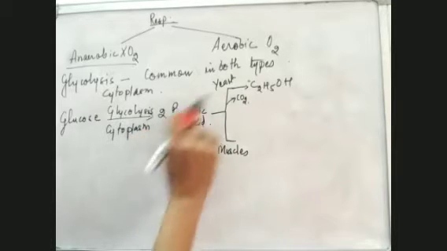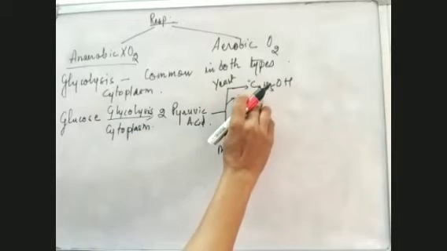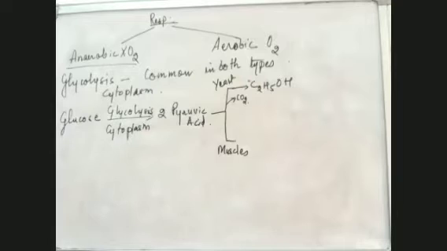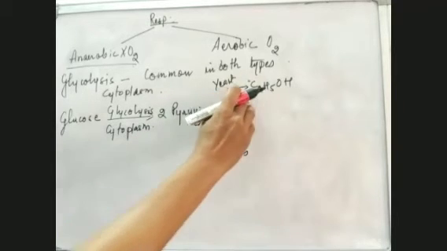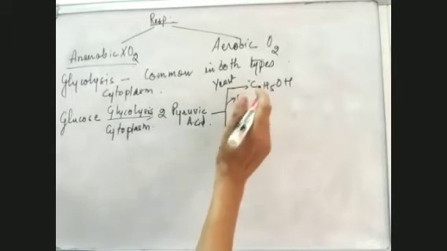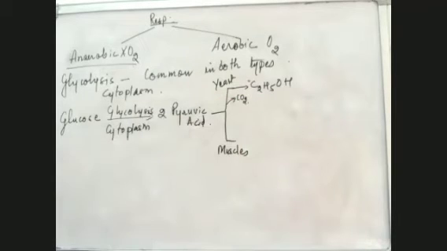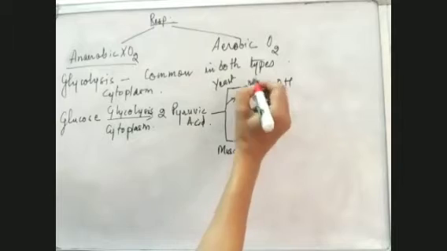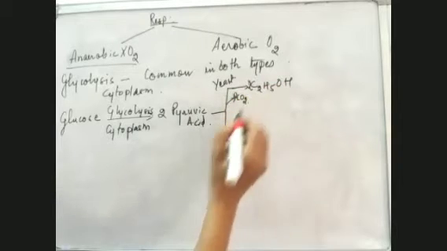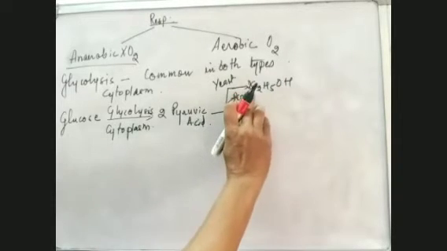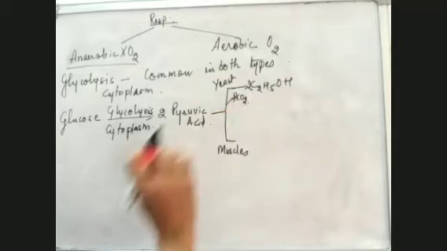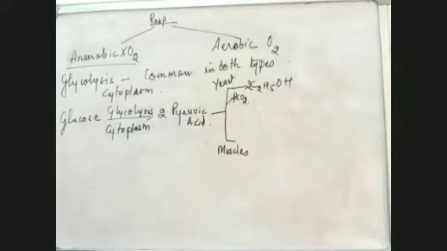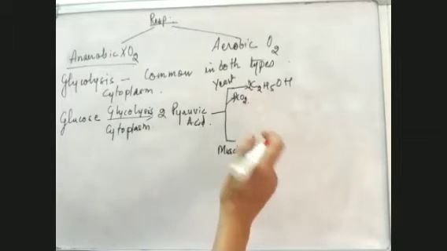Here this is a 2-carbon compound, C2H5OH. So 2 ethanol is formed here, and 2 carbon dioxide are released. So it is 4 and here 2, 6. So 6 are done. So ethanol is produced, and what happens in the muscles?